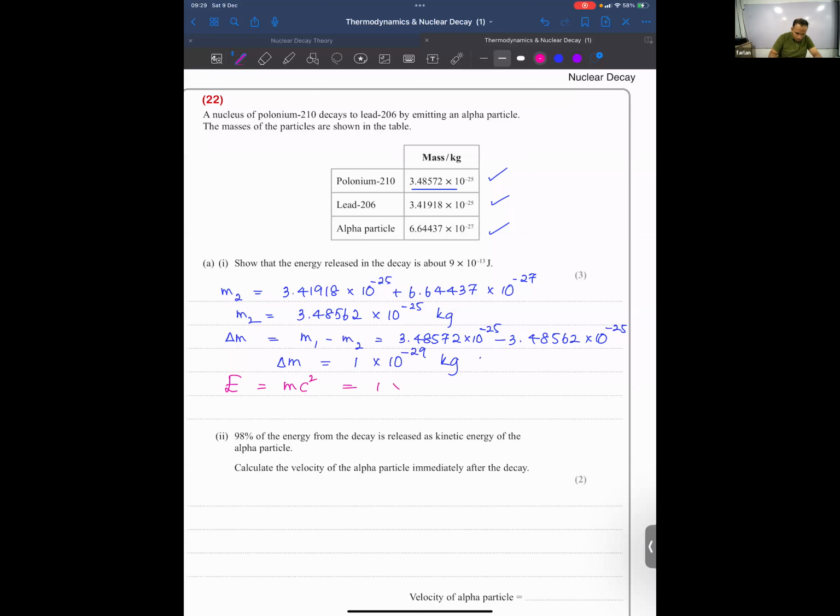M is 1 into 10 to the power minus 29 kilograms, c is 3 into 10 to the power 8, squared. You will get exactly 9 into 10 to the power minus 13 joules.